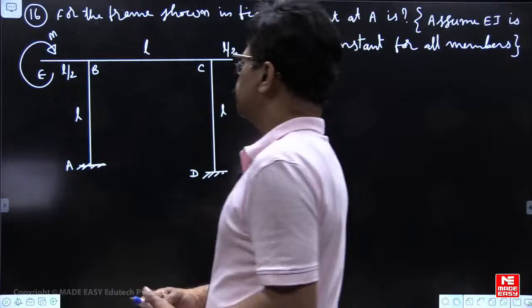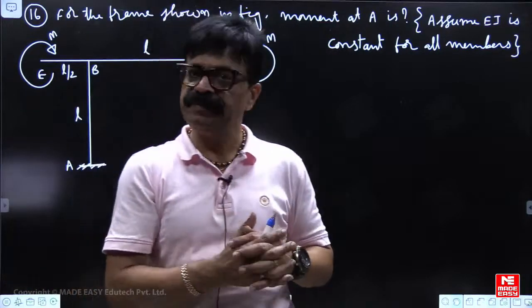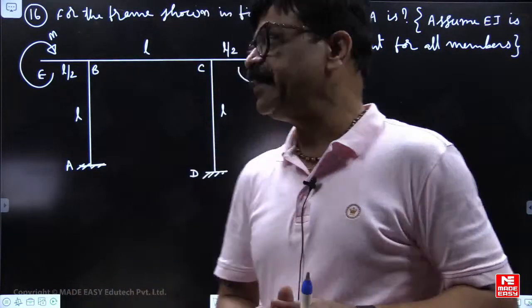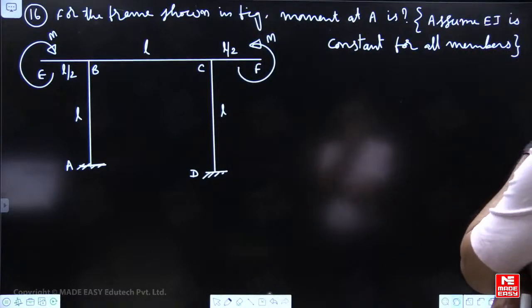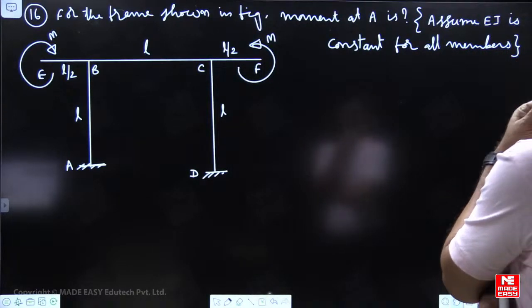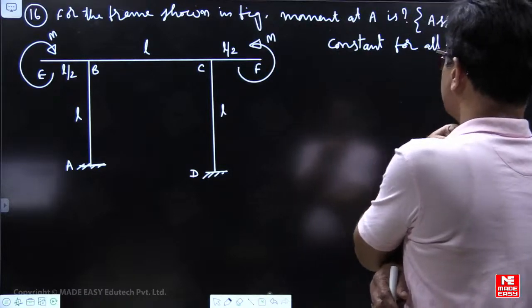Okay. Now we will take the advantage of symmetry in the MDM. For the frame shown in figure, moment at A is, assume EI is constant for all members.